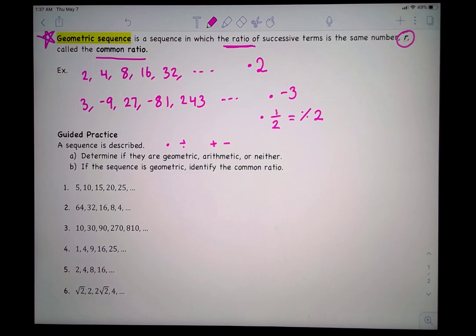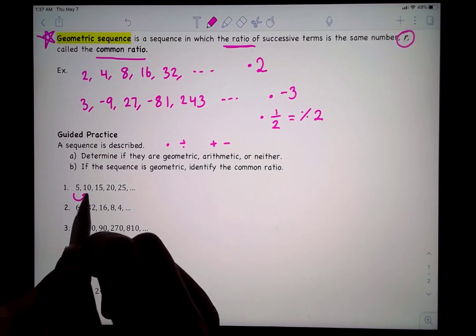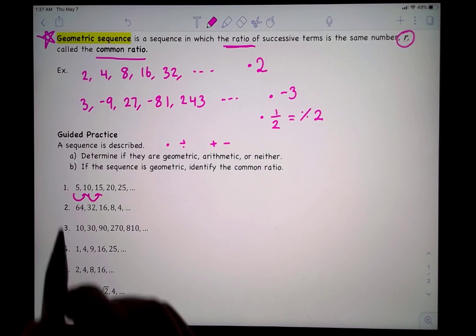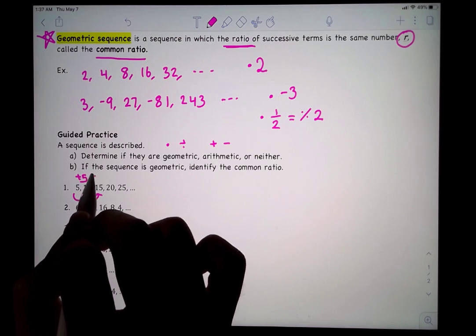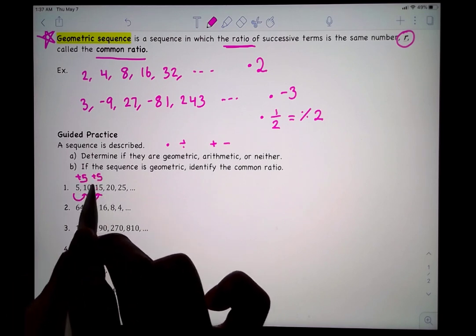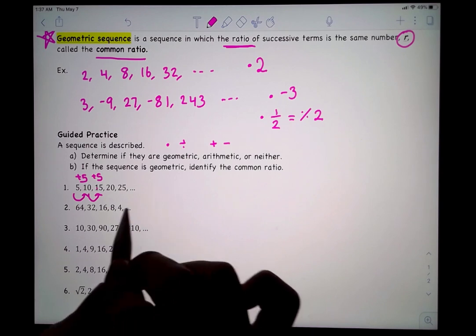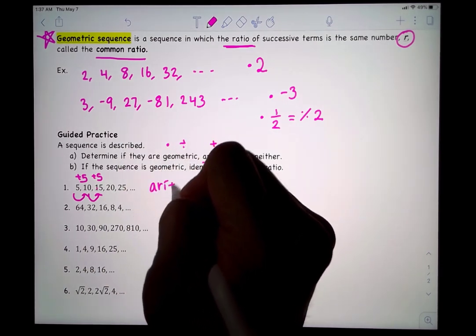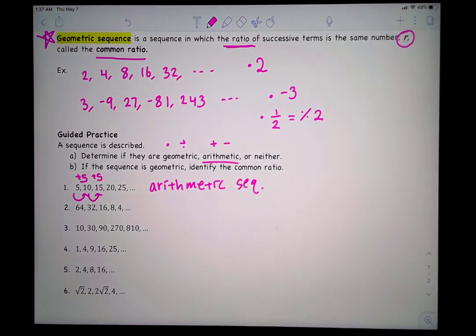What is your pattern, guys? 5 to 10, you're adding 5, right? 10 to 15, you add 5. 15 to 20, you add 5, right? So this is plus 5 to get the next term. So that's an arithmetic sequence. And we don't have to do B because that's not geometric, right?